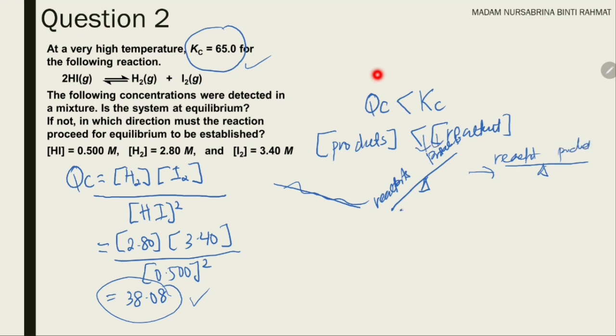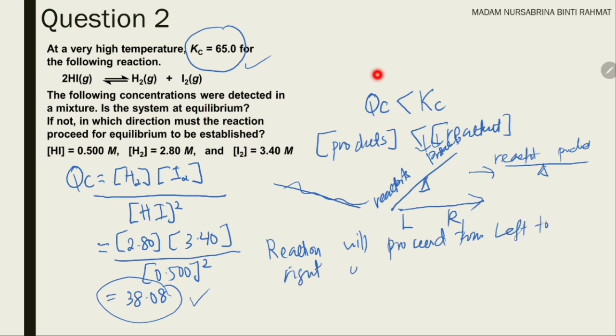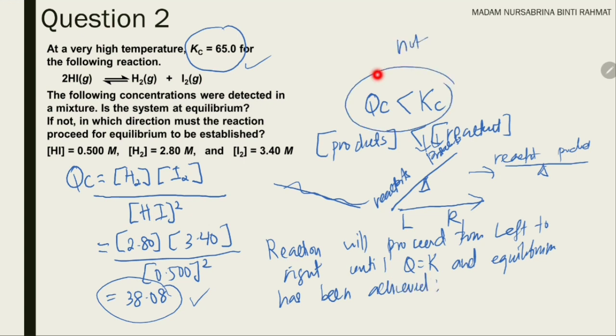So the reaction will proceed from left to right until Q equals K and equilibrium has been achieved. So this one means not in equilibrium.